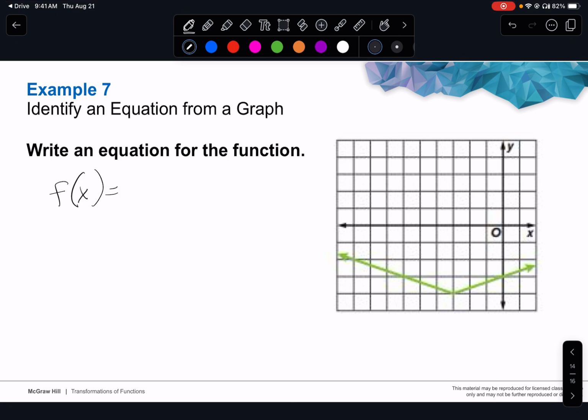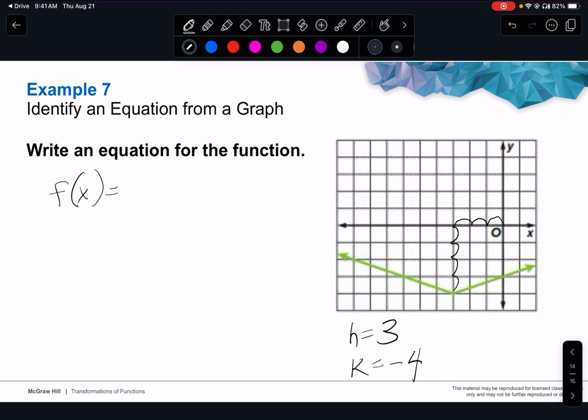Now, one thing that I like to do sometimes is just below or off to the side, my h value, I'll just write down here. So I know my h, it's going to the left, so it's going to have to be positive, is 1, 2, 3 units. So it's going to be a positive 3. My k value is going to be a negative because it goes down. 1, 2, 3, 4. So it's going to be a negative 4.